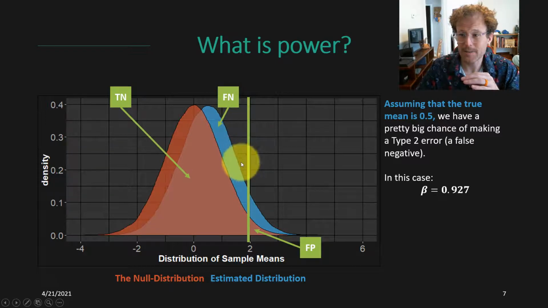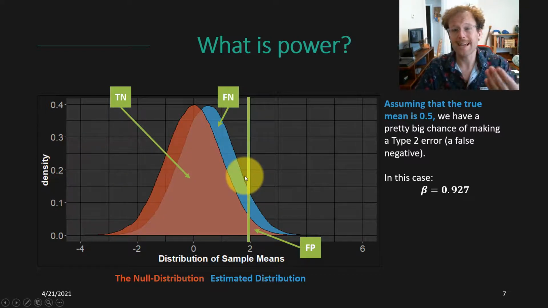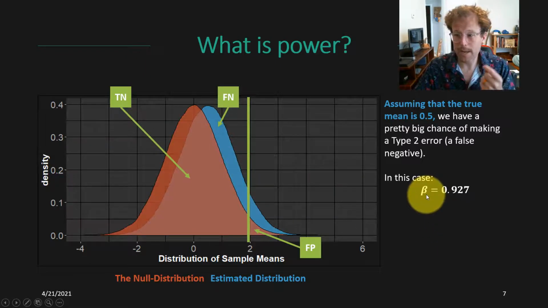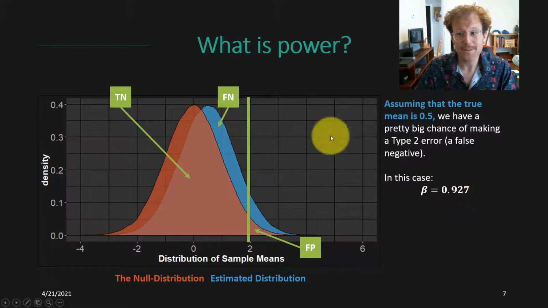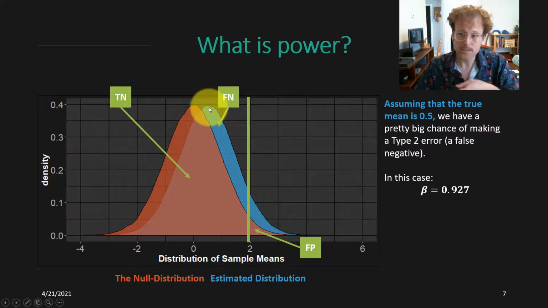That would be the proportion of the blue distribution that's below that cutoff point. And in this case, we have a pretty big chance of making a type 2 error, a false negative error. Actually, in these two distributions, that works out to be a beta, or a type 2 error rate, of about 93%. So that's not great.